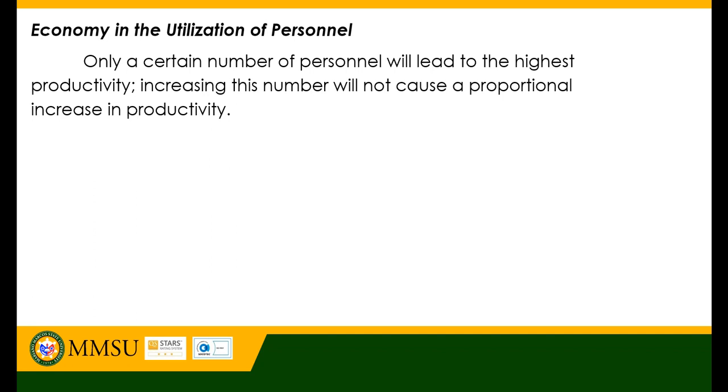So we also have economy in terms of utilization of personnel. We can compare: if there are more workers, the job finishes faster, do we save more? Or if there are fewer workers, the job finishes slower but still on time, do we save more? So you have to look into those situations.